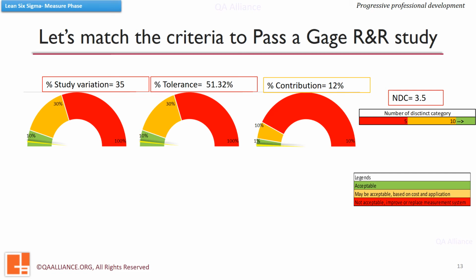Similarly, tolerance should be less than 10% and percent contribution should be less than 1%, which again is not the case. Number of distinct categories should be greater than 10, while here in the example it is just 3.5. We can conclude here that the current measurement system is not acceptable.